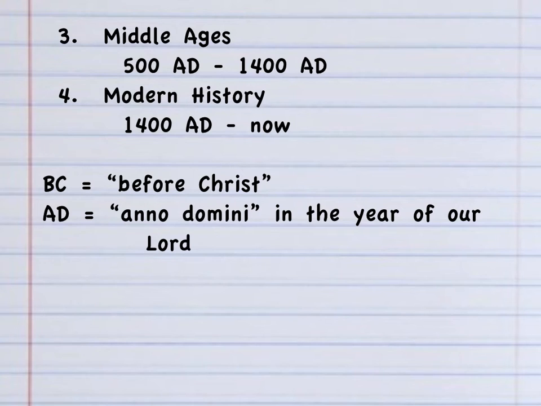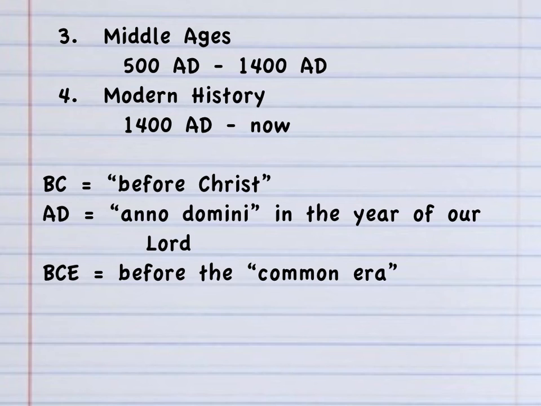Now, there's a lot of people in the world who aren't Christians, but they're still doing science and archaeology. And they wanted a number system that wasn't necessarily so religious or so Christian. So you see modern historians, they don't use BC so much anymore, but they use BCE, which means before the Common Era, and AD has become CE, which means in the Common Era.